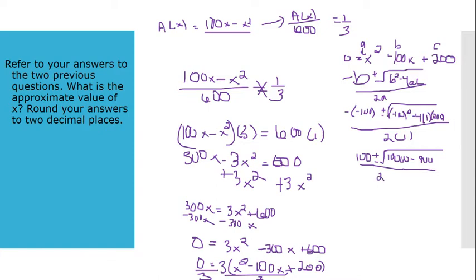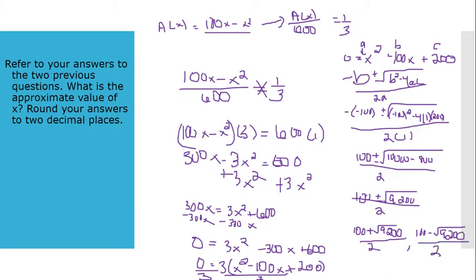So now if I do my subtraction inside here, I get 100 plus or minus the square root of 9200 all over 2. And then I can split this up now: 100 plus the square root of 9200 over 2, and 100 minus the square root of 9200 divided by 2.